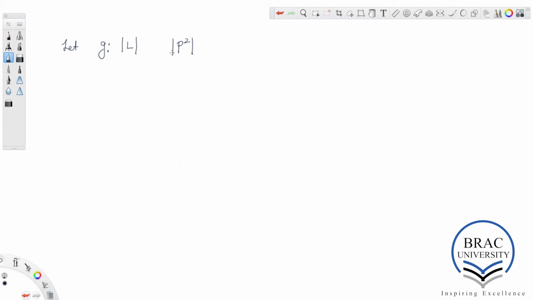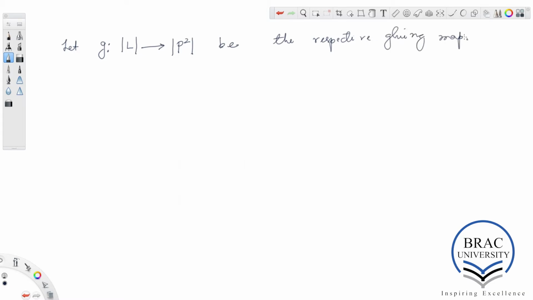And this is the underlying gluing map. Let g be the respective gluing map.